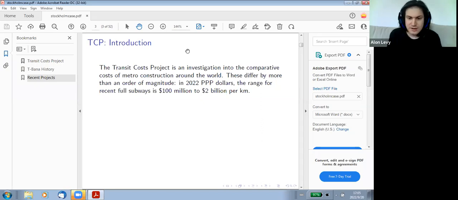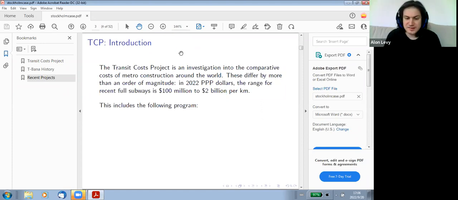So the most expensive in our database, even if you only look at regular metros, not commuter rail, is Second Avenue subway in New York City. In 2022 PPP dollars, this is about $2.2 billion a kilometer. The cheapest lines that are still fully underground are maybe a little bit less than 100 million per kilometer.